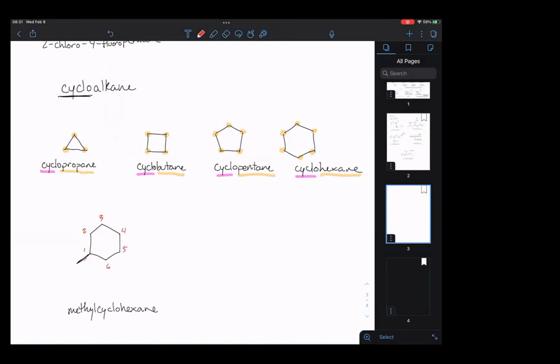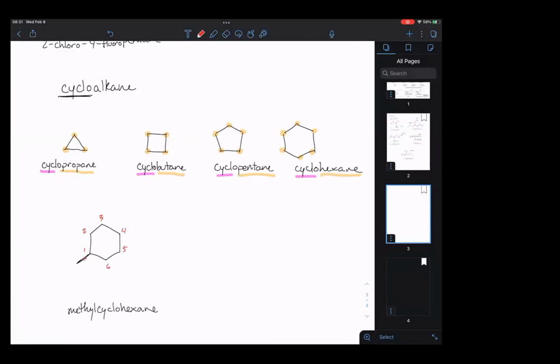So if there's only one substituent, you know it's always on carbon 1. There's not this ambiguity where you have to specify the carbon number. If there's only one substituent, it's always going to go on carbon 1, so you just don't put it.